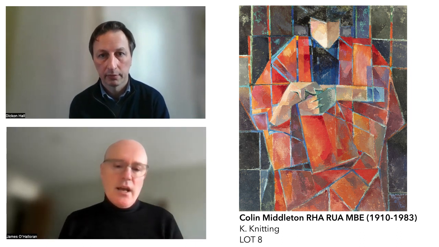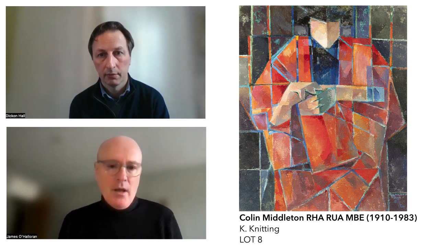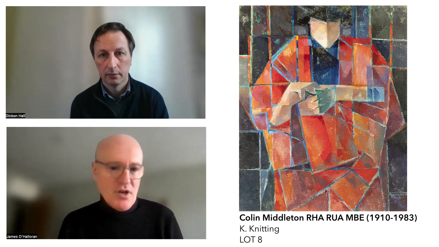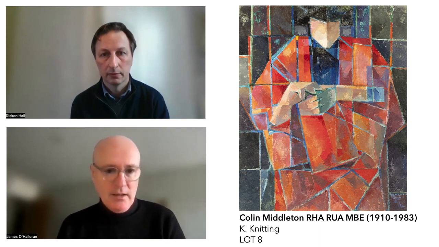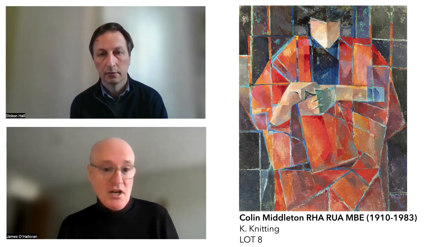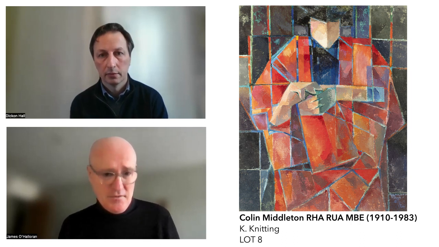When you look at Middleton's career, some of the comments that were made by critics over the years while he was exhibiting in the various exhibitions, there seemed to have been a certain amount of reaction against his ability, for want of a better word, to move from one style to another, and quite distinctive styles.